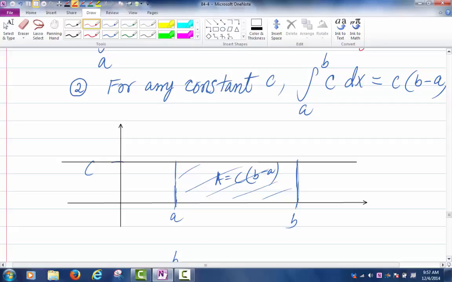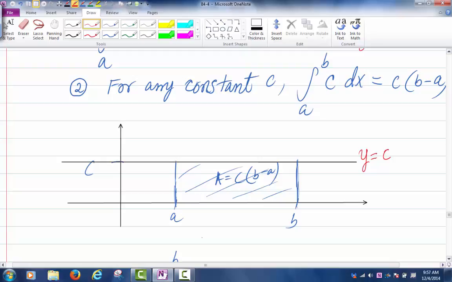So geometrically it makes sense. Why? Let's say c is positive. Then the graph of the constant function c will be y equals c. And what can you say between a and b? The integral represents the area below the graph, above the interval from a to b.